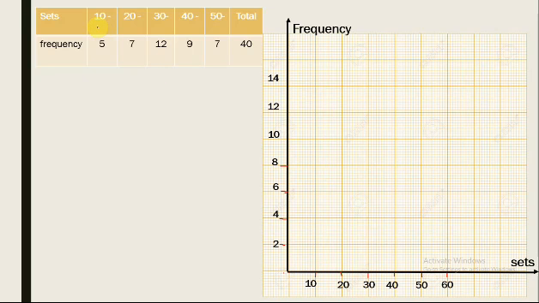First, set 10 or more. Its frequency is 5, which means we are going to move on from 10 till 5. Where is the 5 here? Here we are going to use the thin lines between the 4 and 6.